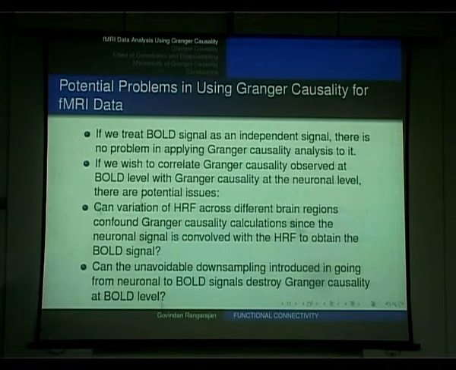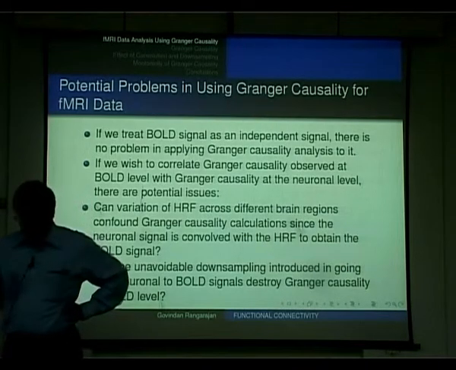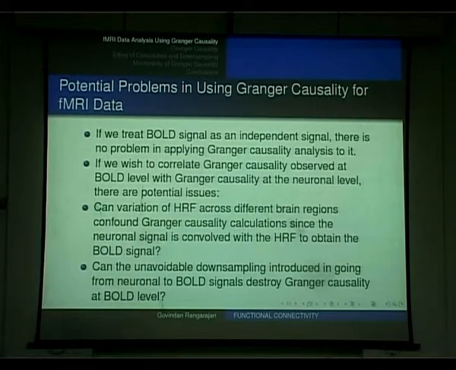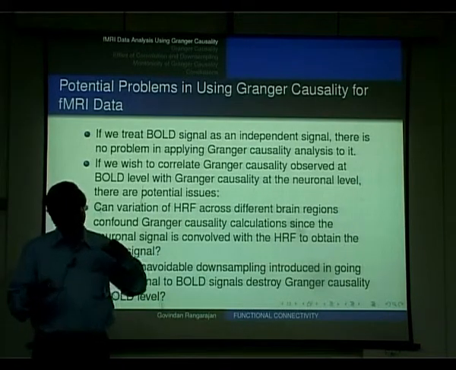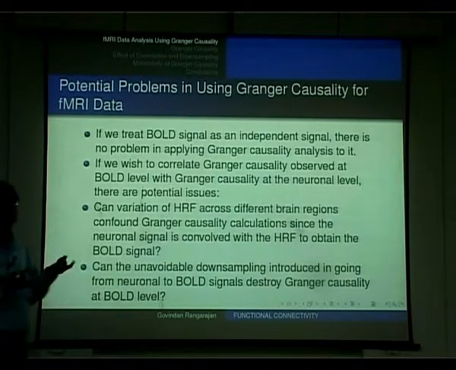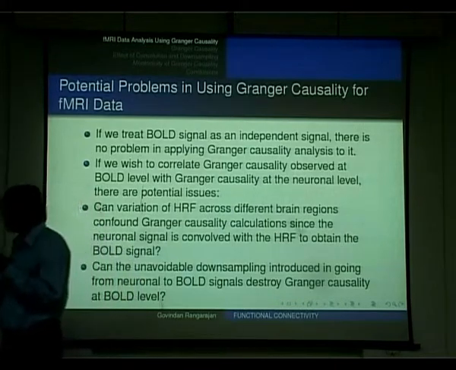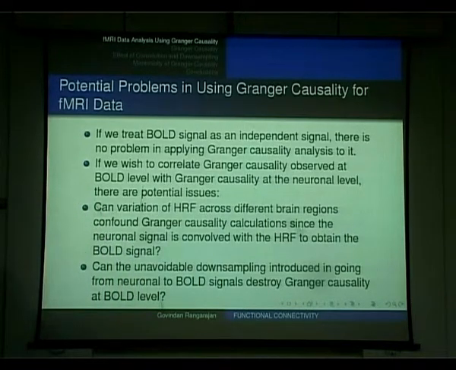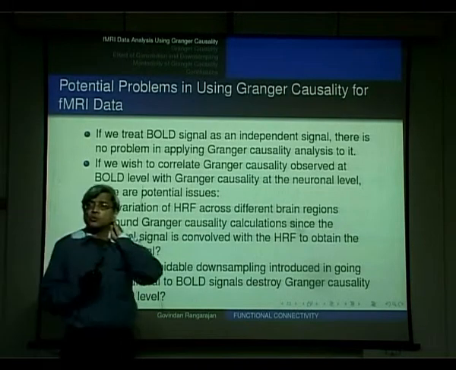There's also one other issue, which turns out to be a more serious issue. At the neuronal level, things are happening on a very fast scale, but with fMRI, given the limitations of technology, you are measuring the signals at a very low sampling rate. Typically you are sampling fMRI at 1 per second, or every 2 seconds, or these days with more modern machines every half a second and so on.